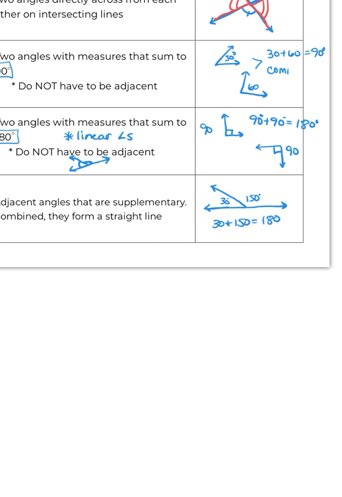And they make a straight line. So a linear pair do have to be adjacent. So here is the line that they share. So that makes them adjacent. So they are adjacent and linear.